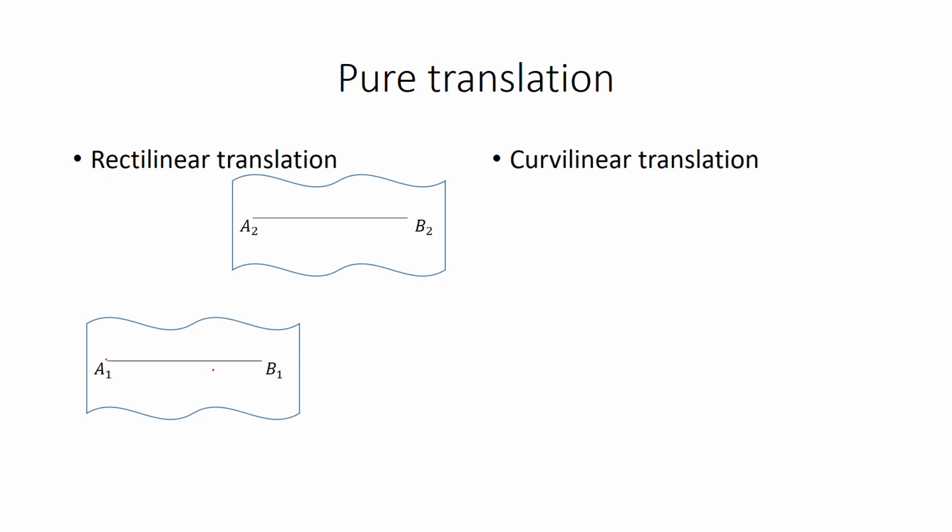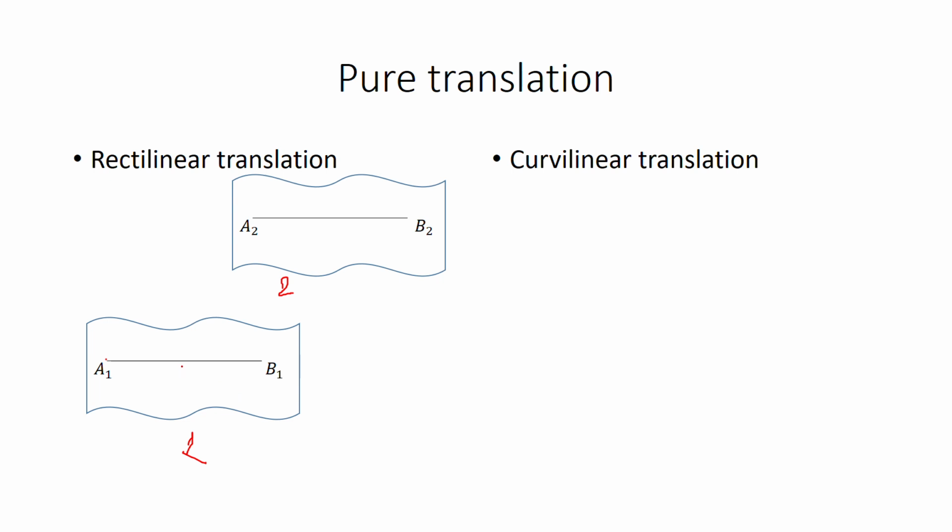displacement or change in position, suppose this is your position 1 and this is position 2, if it changes its position from 1 to 2, now notice that this line A1 B1, which was initially horizontal, remains horizontal. A2 B2 and A1 B1 are parallel to each other, and in fact they are horizontal.